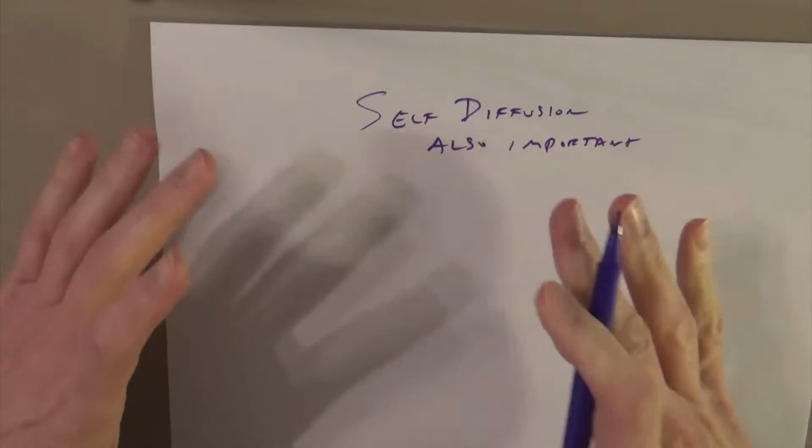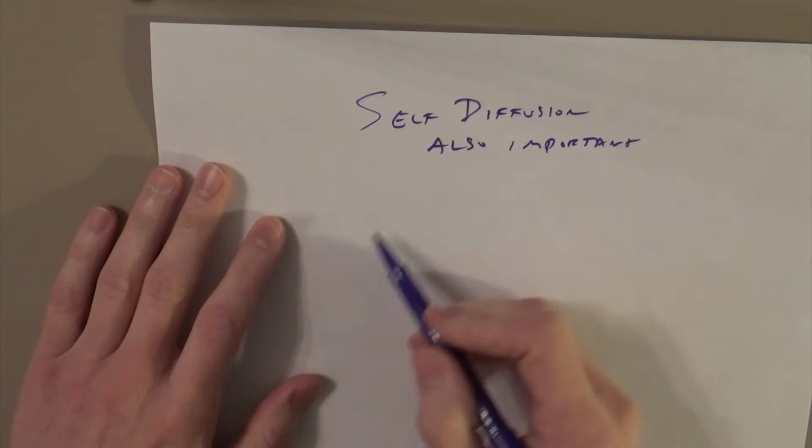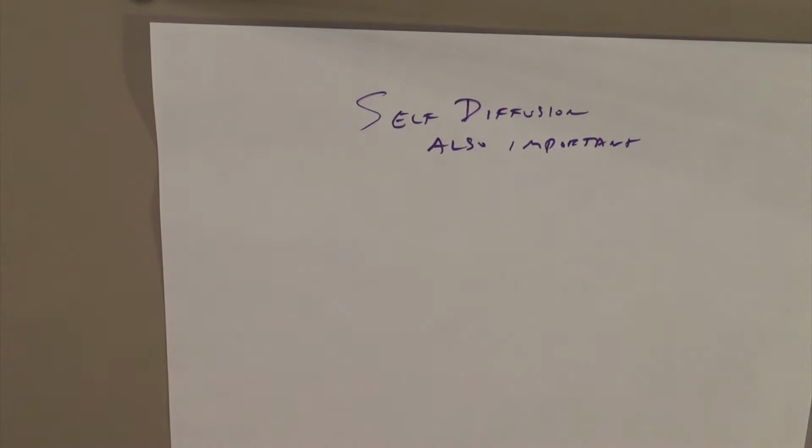So if you have some atomic structure and you set this up with atoms in it, they're going to be stirring kind of constantly, and they're going to be rearranging themselves. You look at it and you're not going to notice it, at least not if all you have is pure material, but they do stir.